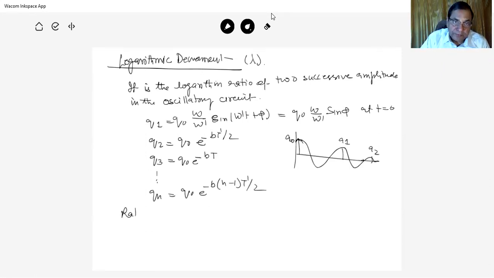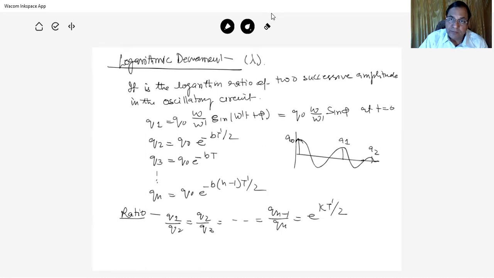So ratio Q1 by Q2 is equal to Q2 by Q3 is equal to Qn minus 1 upon Qn, that is e raised to the power b t dash by 2.